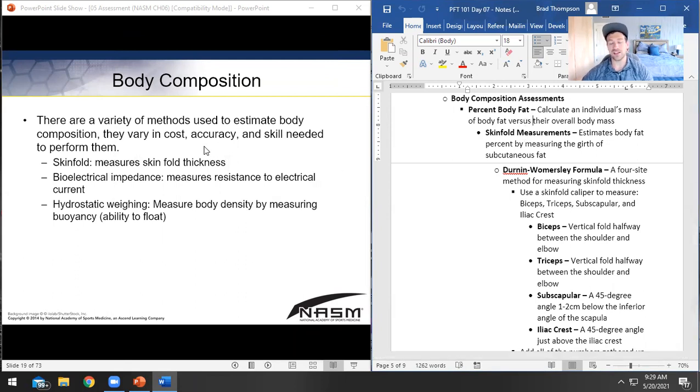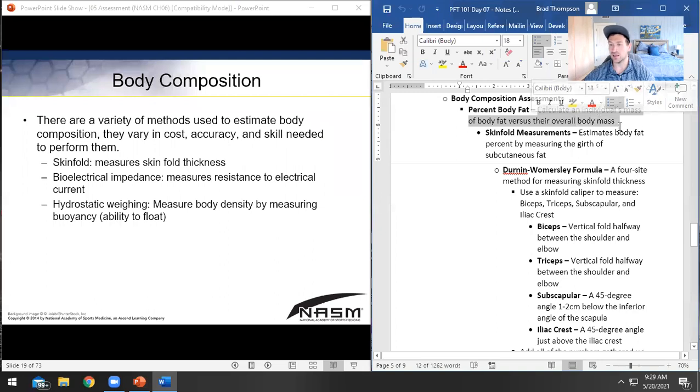So percentage of body fat is a pretty good way to estimate a client's body composition, because it's something that's very easy to pay attention to and track. So percent body fat, by definition, calculates an individual's mass of body fat versus their overall body mass, okay?